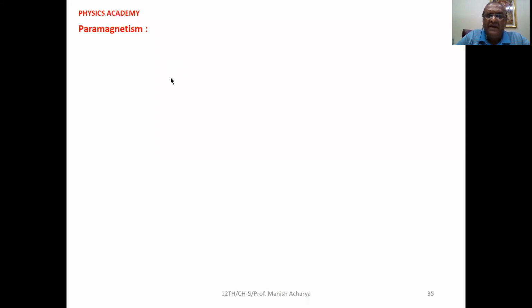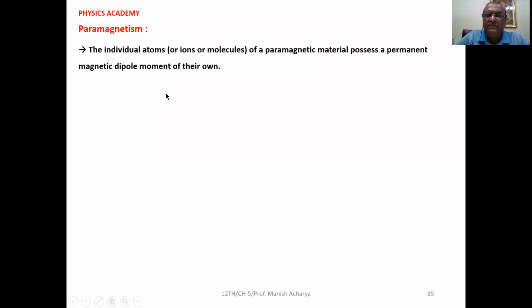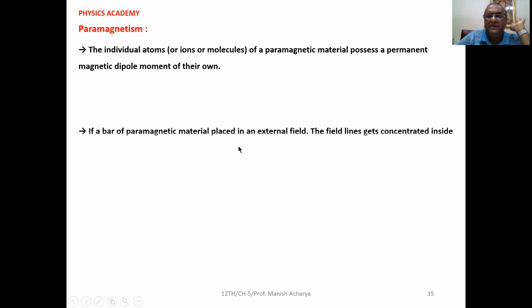Next, paramagnetism. Paramagnetic materials are such materials for which the individual atoms possess permanent magnetic dipole moments.